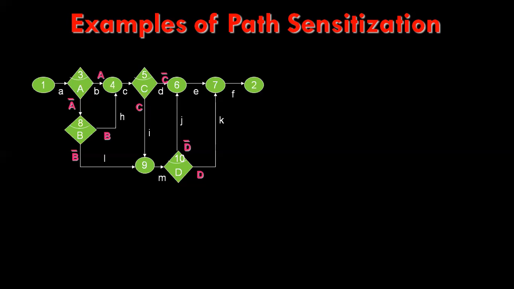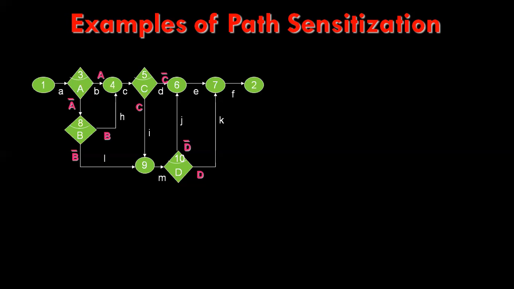Here we can see there are 4 decisions in this example, and consequently we have 4 predicates. If you notice, the false predicates are denoted by a bar on the variable, and true predicates are represented by variables without any bar over them.